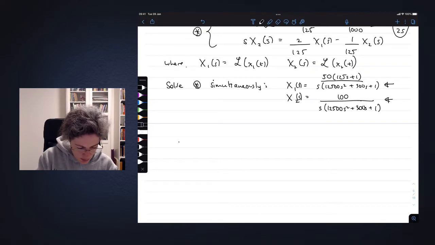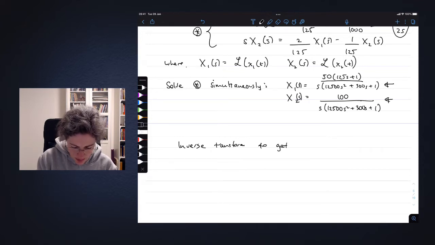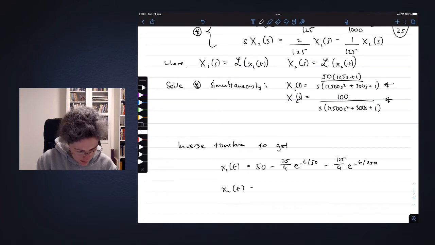And so we can inverse transform to get x1 of t is 50 minus 75 over 4 e to the minus t over 50 minus 125 over 4 e to the minus t over 250, and our x2 of t is equal to 100 plus 25 e to the minus t over 50 minus 125 e to the minus t over 250.